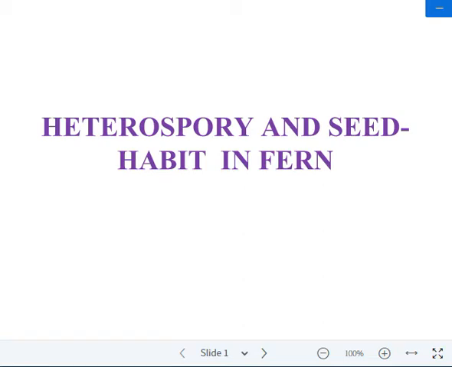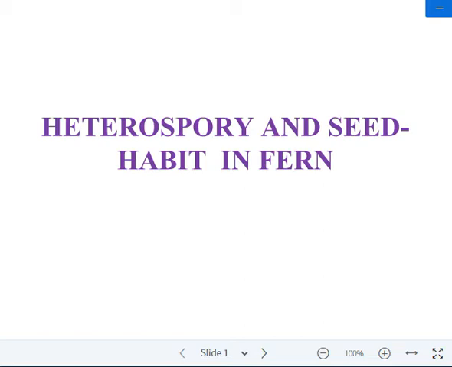In case of homosporous fern, within the sporangium, which is a sac-like structure and always develops on the underside, on the ventral surface of the sporophyll, there develop similar shape and size of spores, known as homosporous tendency.